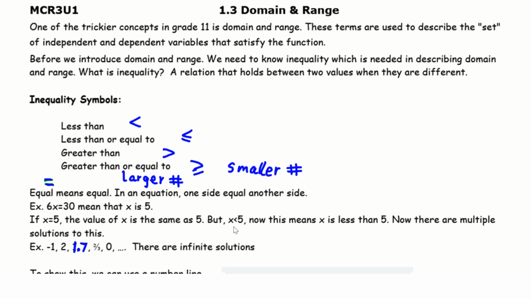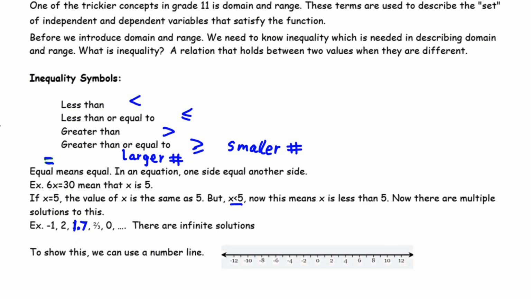But for an inequality, x less than 5 means x can be any number that is less than 5, and they are the solutions. For example, negative 1, 2, 1.7, 2 divided by 3, 0. They are infinite solutions.